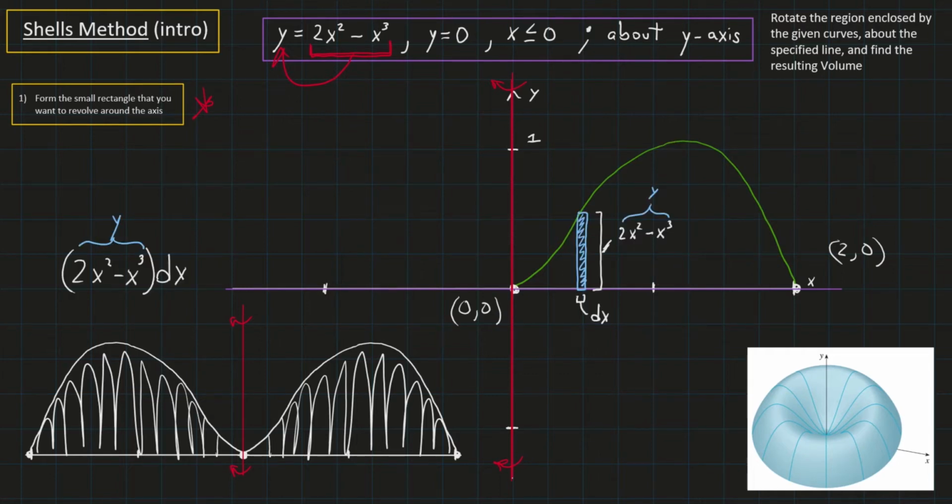So let me just use this smaller rectangle so I don't run out of room. I want to take this rectangle and sweep it across that y-axis so that I can create my thin cylindrical shell.